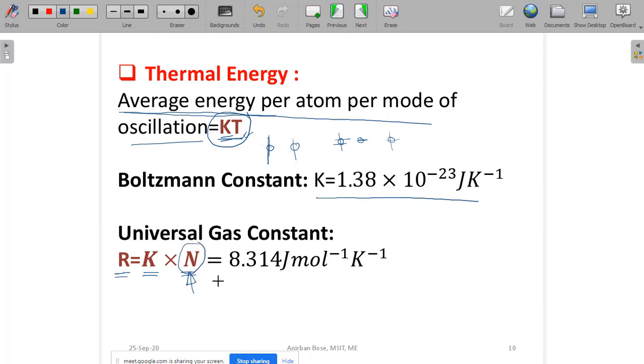So instead of per atom, you can represent it per mole, because you know that in 1 mole there are Avogadro number of atoms present. If you multiply by the Avogadro number of atoms, it becomes the amount of energy present per mole. That is what is called the universal gas constant.